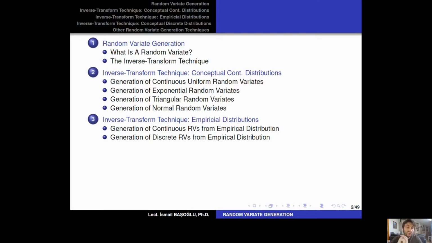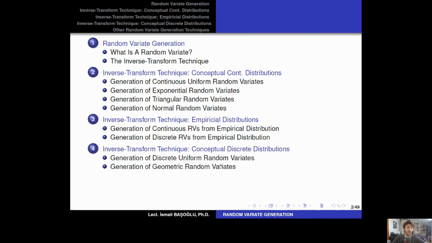Then this means we need to generate random variates from the data itself, and this is called generating random variates from empirical distributions. And we will learn how to generate discrete random variables for the first time. Now, if you realize, all four examples in the second section are continuous distributions. So this is the first time that we are going to learn how we can use the inverse transform technique to generate random variates from discrete empirical distributions.